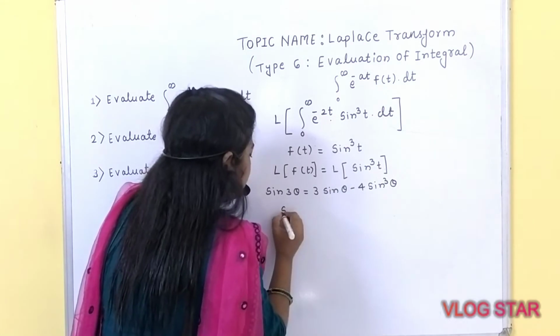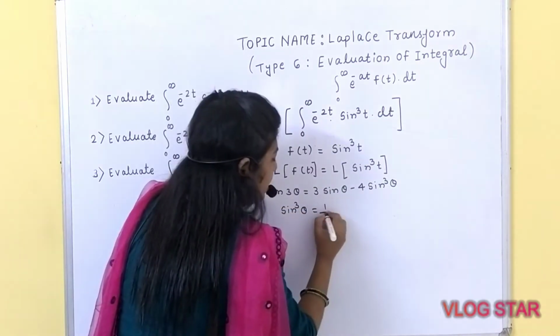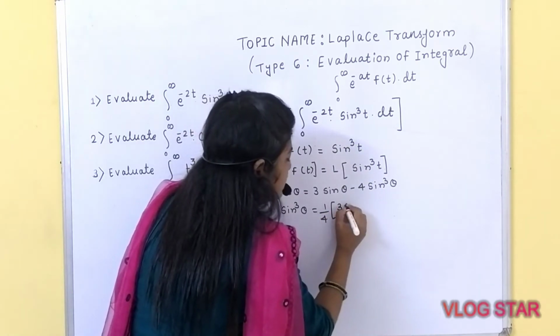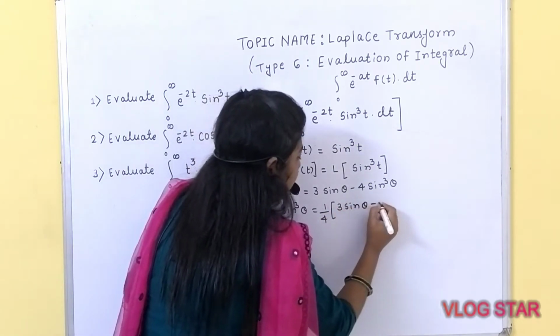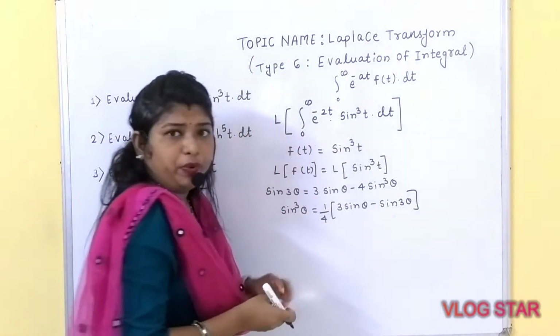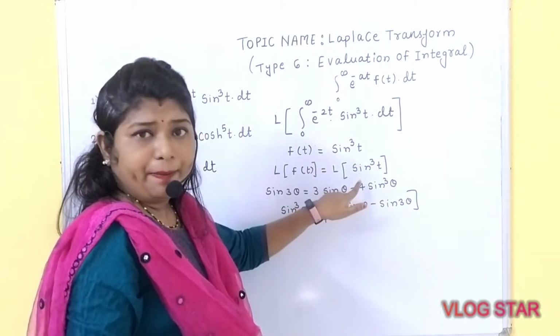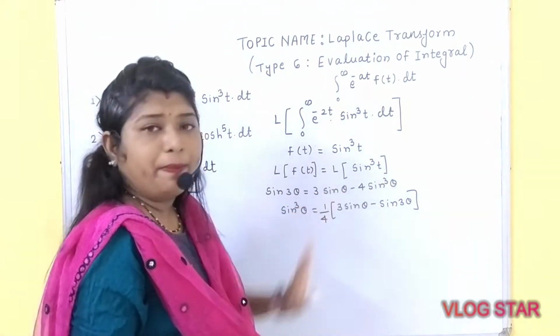So sine cube theta is nothing but equal to 1 upon 4 into 3 sine theta minus sine 3 theta. I hope you have remembered this formula. In the given example, instead of theta, you need to apply t.